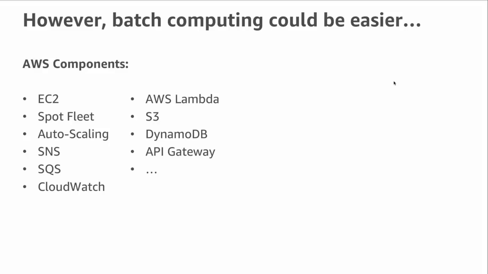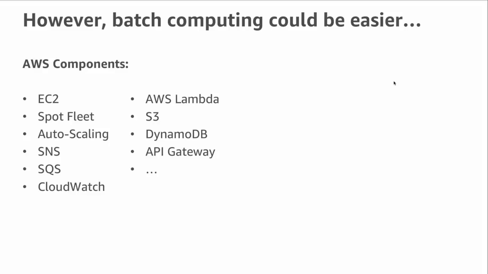You probably want your environment to scale up and scale down automatically, so you're going to need auto scaling. You probably need a queuing system, CloudWatch, Lambda functions, and S3 and Dynamo, et cetera, et cetera. These are all services that by all means you can use to build out your environments, in particular around batch computing, and we have examples of how to do this all on your own.